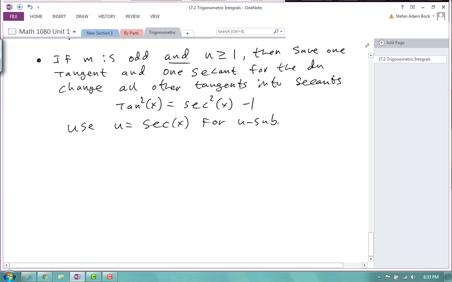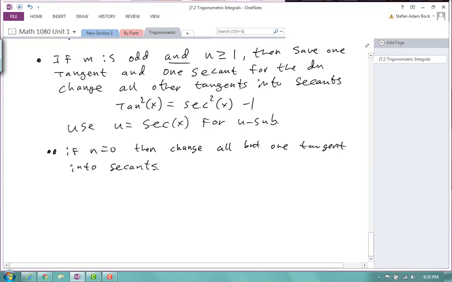Now I had the requirement of n is at least 1 on this one because I needed to have 1 secant as part of a du. But in reality, as kind of a sub-bullet, if n is equal to 0, then I'm still going to change all but one tangent into secants.